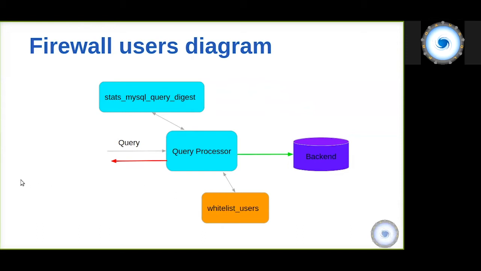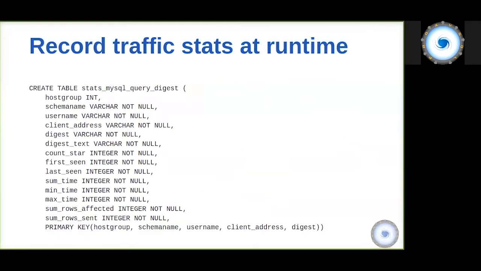So far we spoke about this implementation. So why is the stats MySQL query table important? Because it collects a lot of statistics related to the query. It collects the host group, the schema name, the username, the client address, and also the digest of the query, so the digest text and so on, when it was executed, etc.